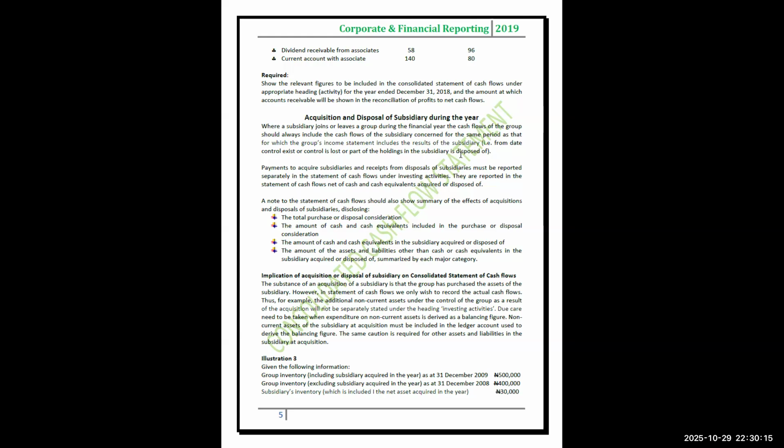Illustration 3. Given the following information: group inventory, including subsidiary acquired in the year, as at 31st December 2009, 500,000. Group inventory, excluding subsidiary acquired in the year, as at 31st December 2008, 400,000. Subsidiary's inventory, which is included in the net assets acquired in the year, 30,000.